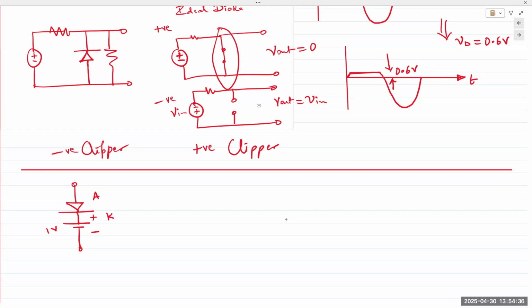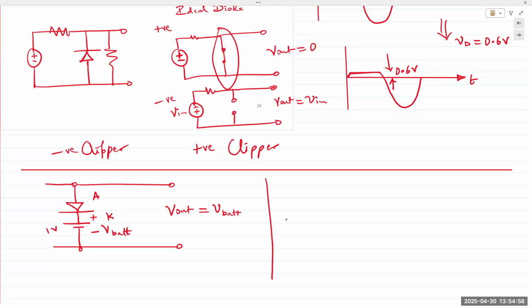But once the diode turns on, V out is equal to the battery. Okay, so the waveform would look like this.